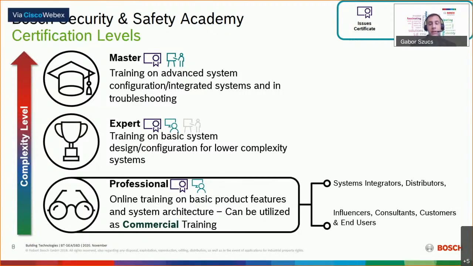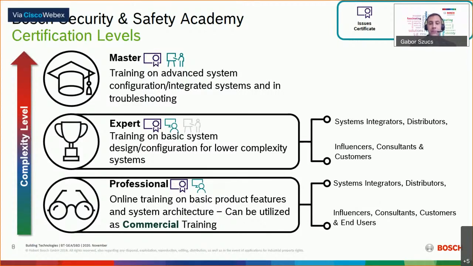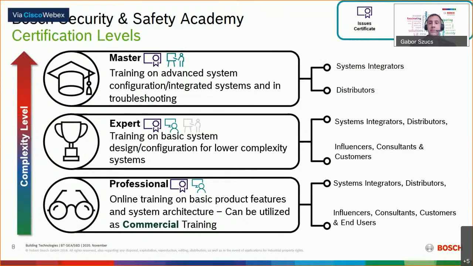So you will find what type of groups we warmly suggest to participate. Professional is, besides the system integrators and distributors, also recommended for consultants and commercial colleagues. Expert and master are mainly for the technical staff of a dedicated company.